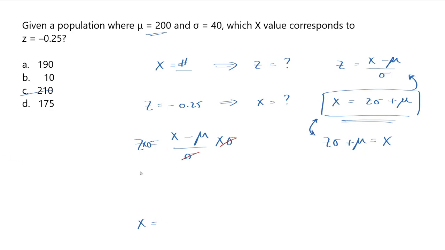So I'm left with z sigma equals x minus the mean. Now remember, I want to get x by itself, but right now we're subtracting the mean from it. I don't want that to happen, so I'm going to do the opposite. I'm going to add the mean. So I'm going to do the same thing on the other side.